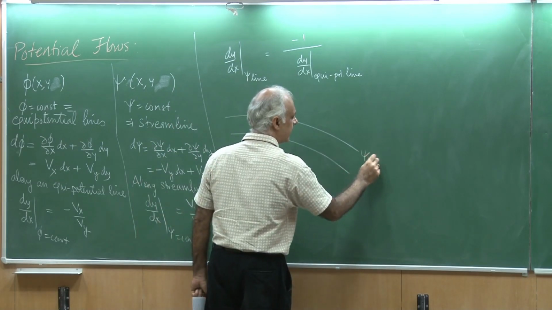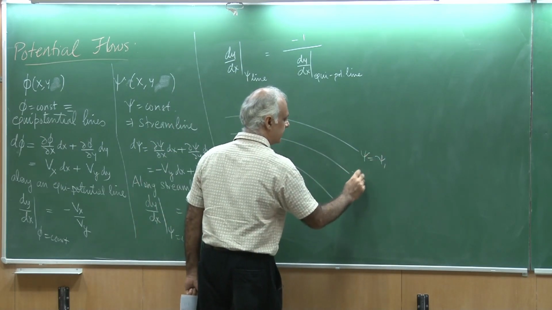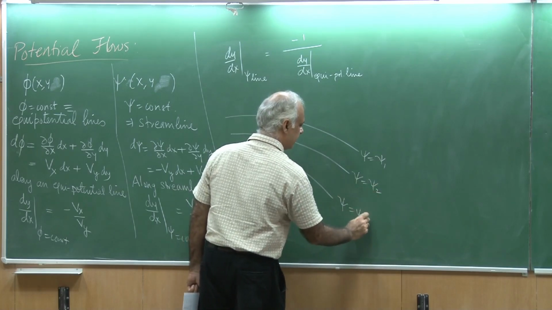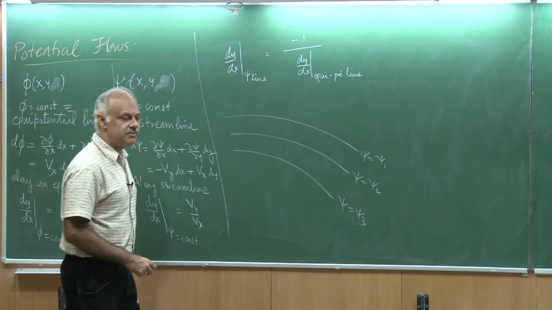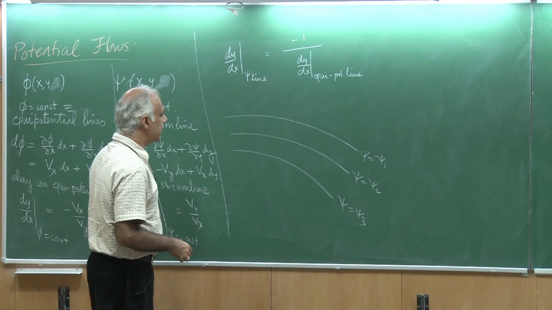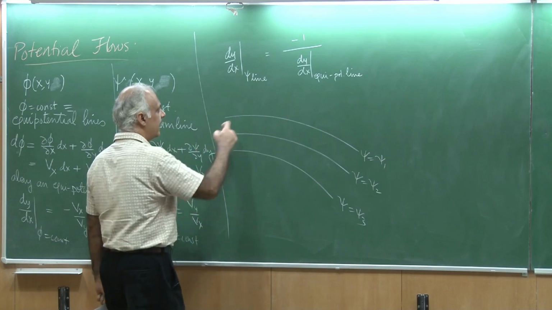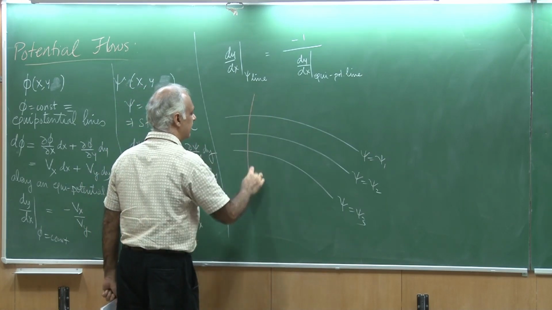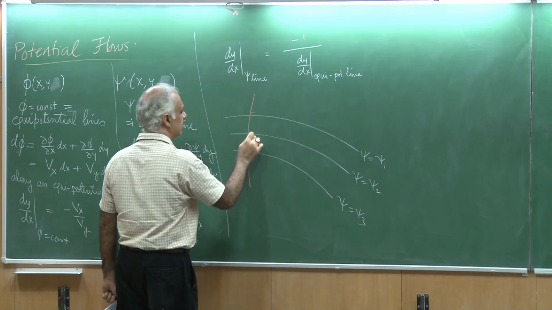So, this is psi equal to psi 1, psi equal to psi 2, psi equal to psi 3. Let us say I draw 3 streamlines, and on top of these I now try to draw the equipotential line. Then I know that the intersection would be such that I would have right angles here.